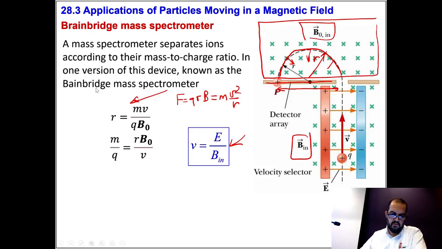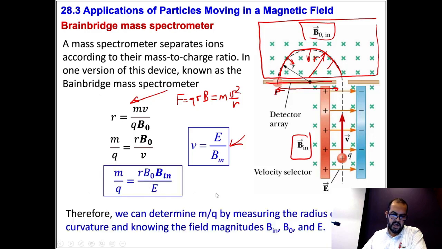Since V is equal to E over Bn, this is the velocity selector, we can write that the mass divided by the charge of this charged particle is given by R times B0, which is the magnetic field in this region, times Bn, this is the magnetic field that is in this velocity selector, divided by E. So here we just replaced V by E over Bn.